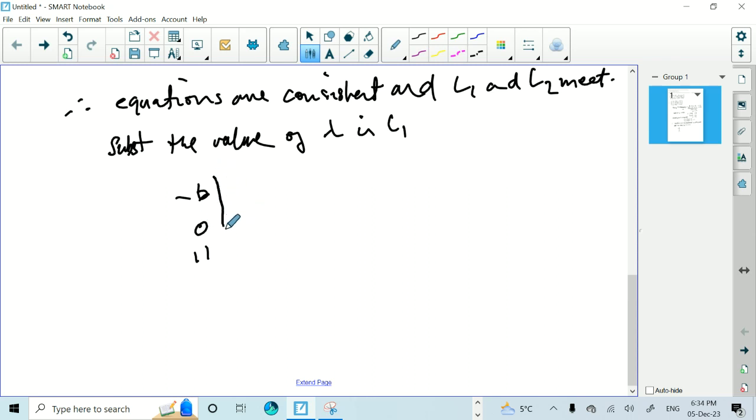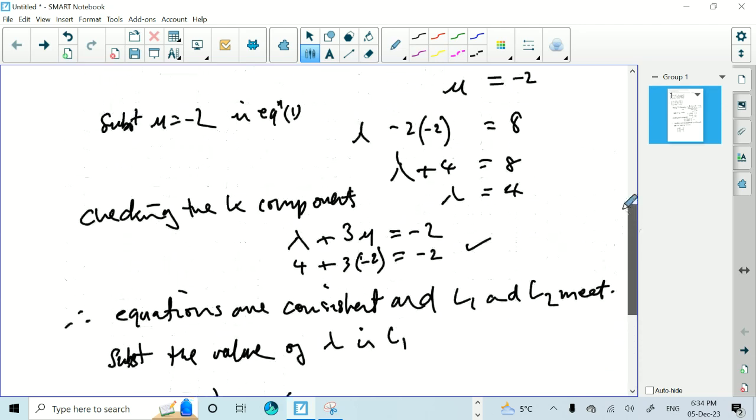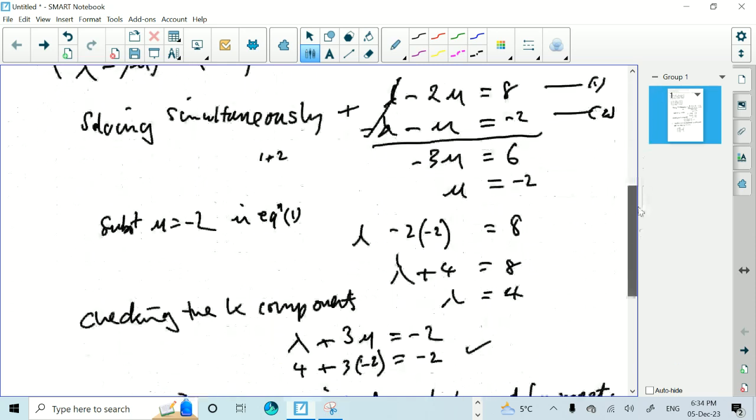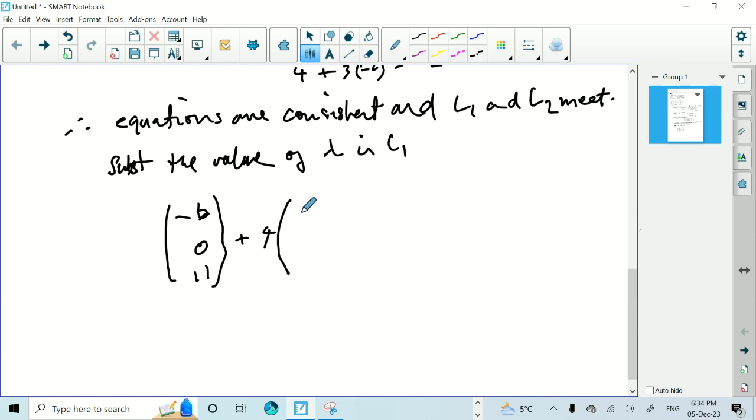And it was plus, we found lambda to be 4, so plus 4 times 1, minus 1 and 1, because we had i minus j plus k times lambda.